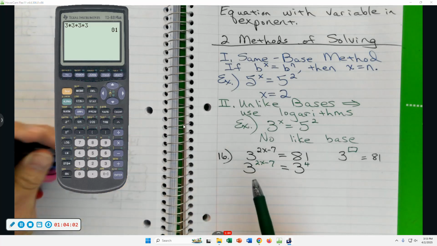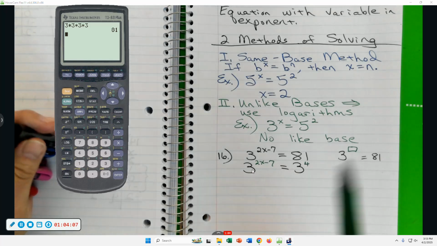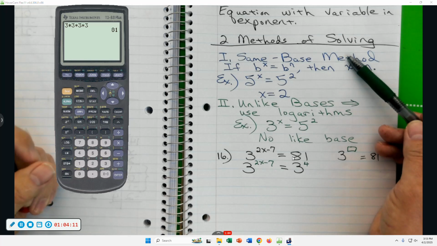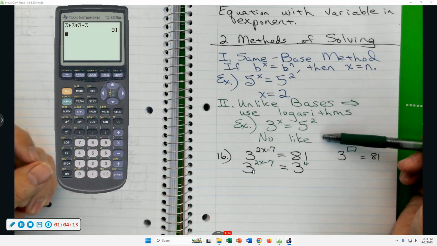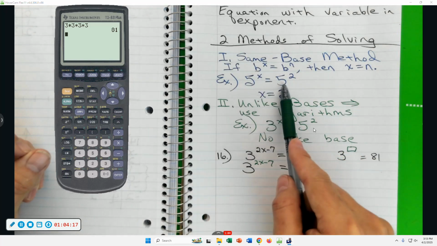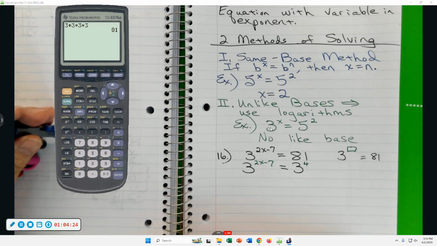And you have to get the same base on both sides if you're going to use the same base method, and that is all we have at this point. We have not seen logarithms, so any equation they give us, we're going to have to be able to get a common base using properties of exponents. And you see how that one differs from right up here?